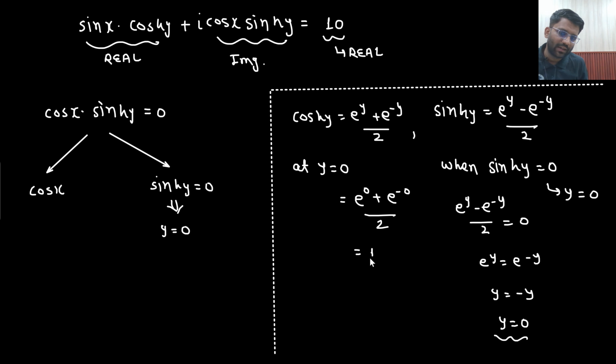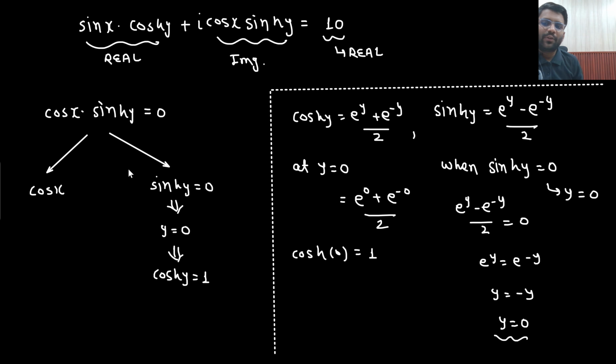So 1 plus 1, the answer is 1. So cos hyperbolic 0 equals to 1. If sin hyperbolic y equals to 0, that means y has to be 0, and if y is 0, then cos hyperbolic y will become 1.